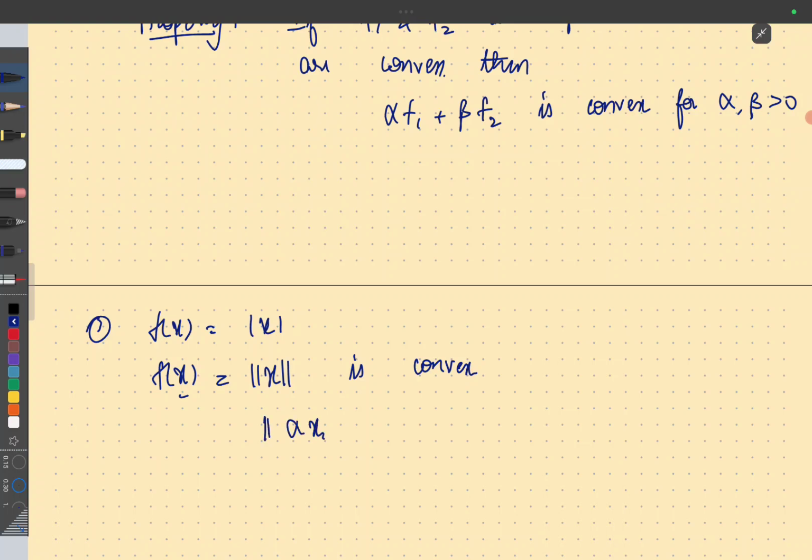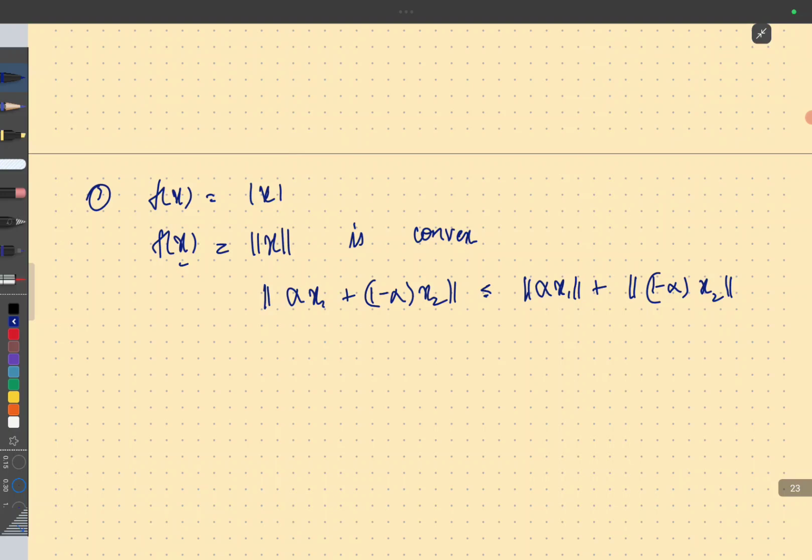So norm of alpha x1 plus (1 minus alpha) x2 is less than or equal to norm of alpha x1 plus norm of (1 minus alpha) x2 by the triangle inequality, which is equal to alpha times norm x1 plus (1 minus alpha) times norm x2. All right. So you have to be careful. You can't just use the second derivative test to argue that this function is convex or concave.